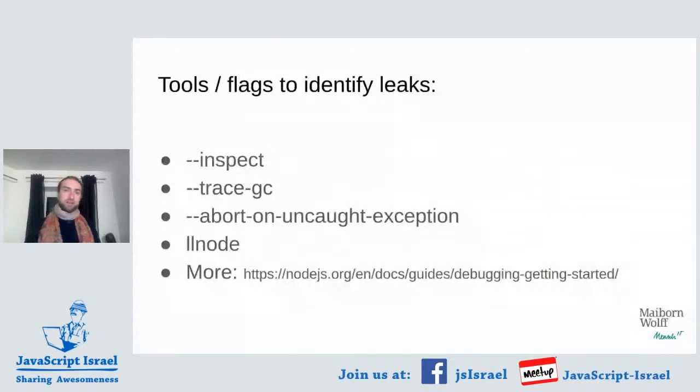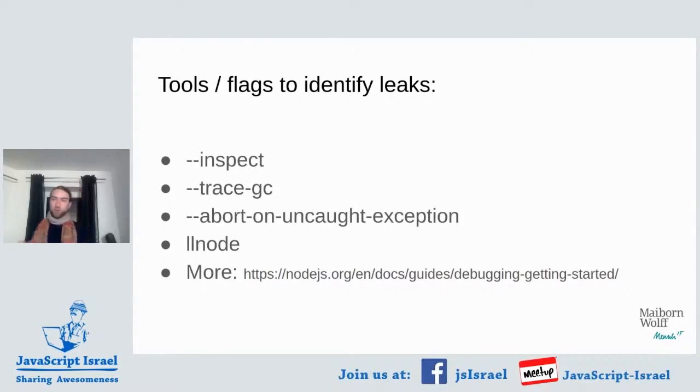But be aware that going through all the memory on your heap and building the snapshot is a very costly operation when you have a lot of memory. So it's not good to use those in production in most cases.